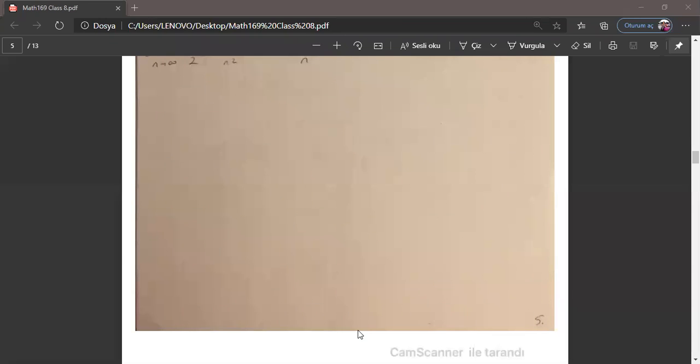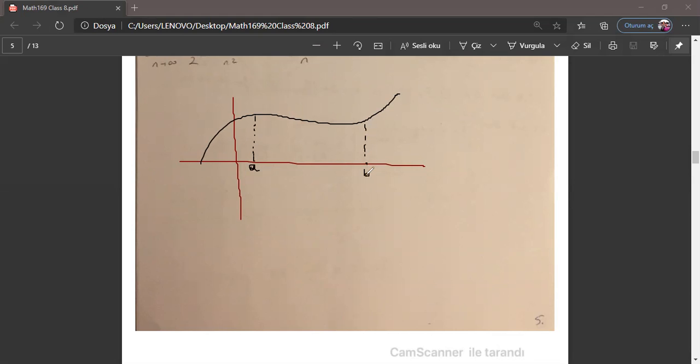So suppose we have a function, as you see, and we will care about this interval a, b. Call this function f.